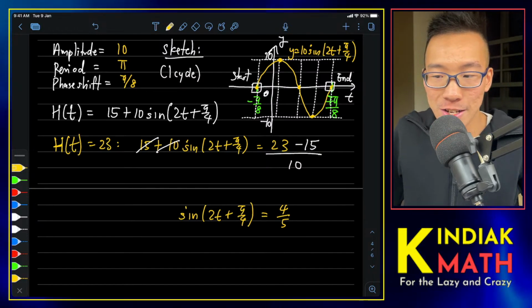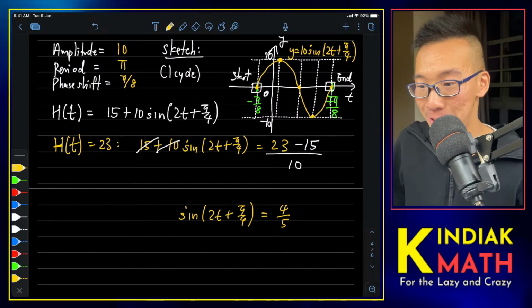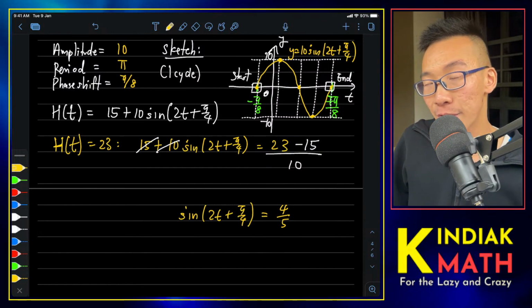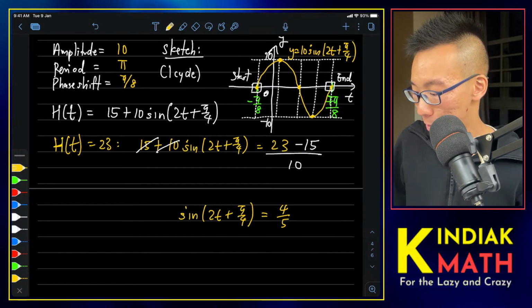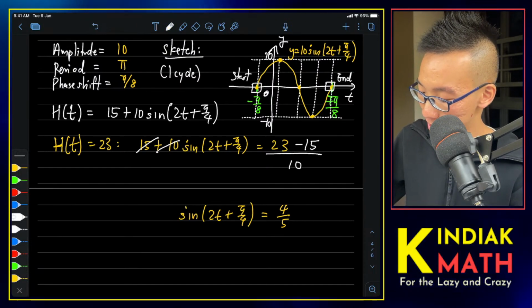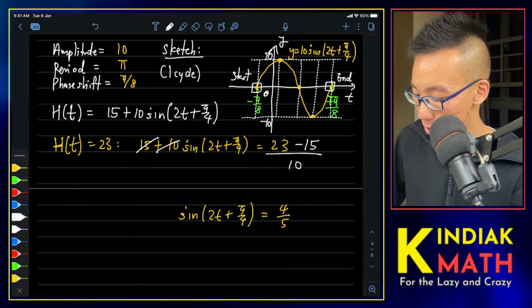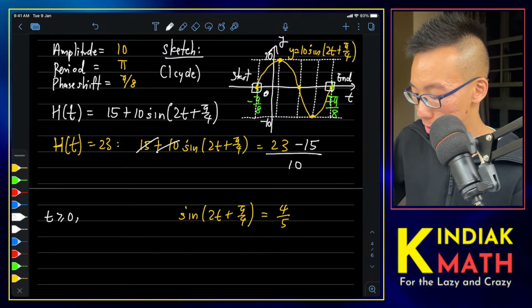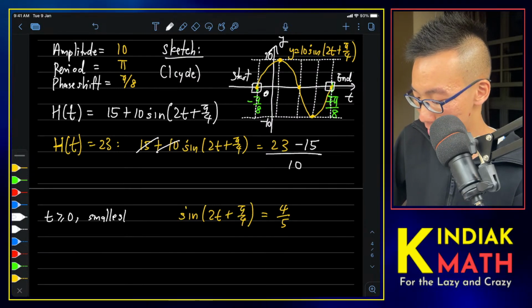We essentially need to solve a trigonometric equation, but we are asked for the first time at which it happens. So the idea here is that we want t to be positive and be the smallest possible time.